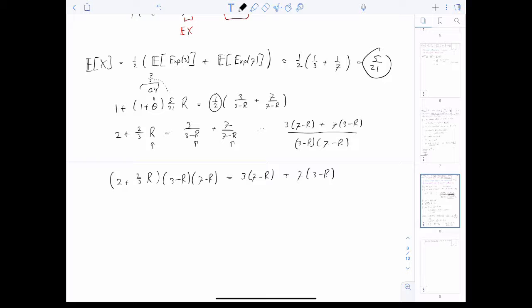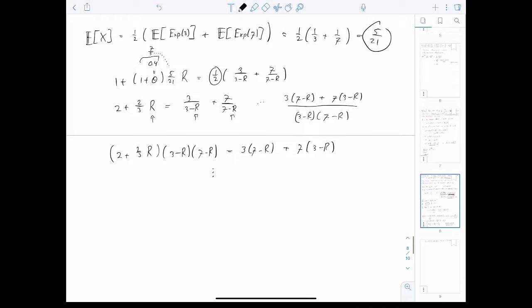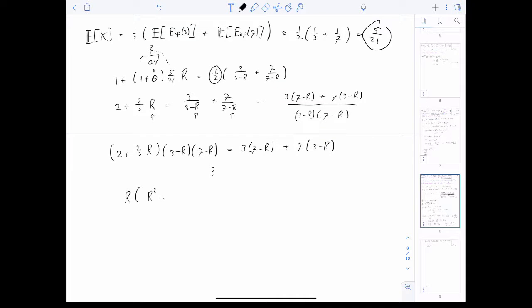From here on, it's just expanding brackets and swapping, which I will not do in this video because it's a bit of a hassle, but it will result in the following equation. So we will have that it's r times (r squared minus 7r plus 6) equal to 0.